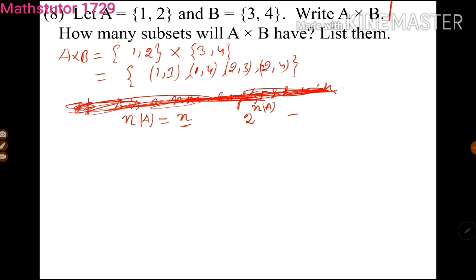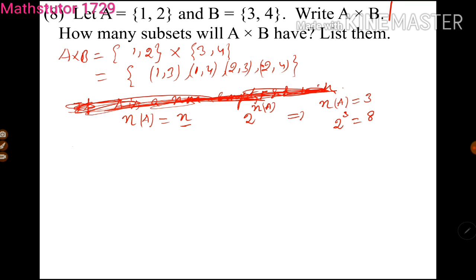For example, if the number of elements in A is 3, then the number of subsets of A is 2 to the power 3, meaning 8. We have to keep it in mind. Okay. Now how many subsets will A cross B have?